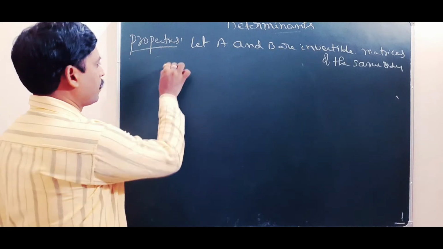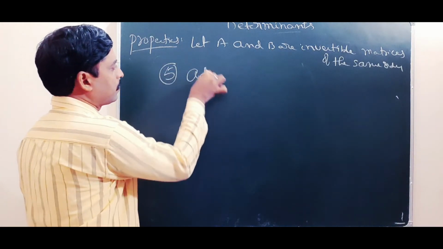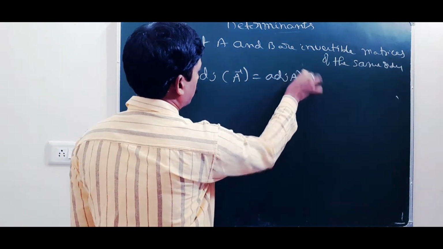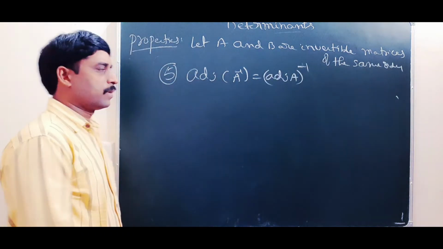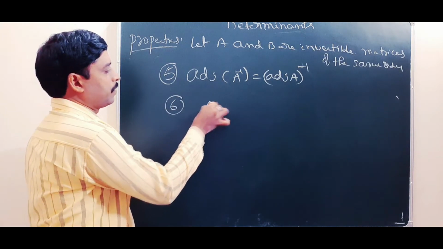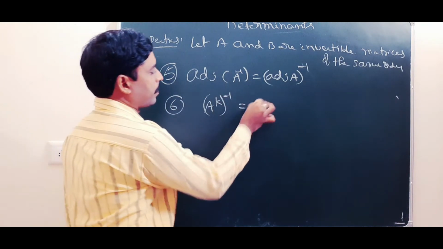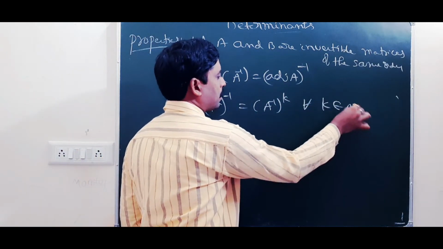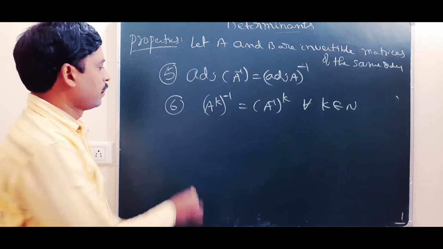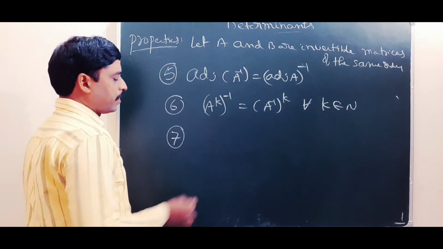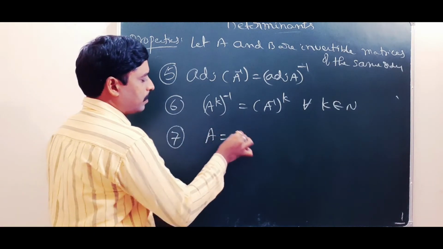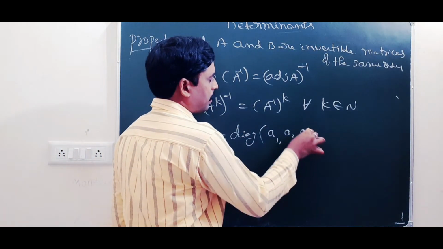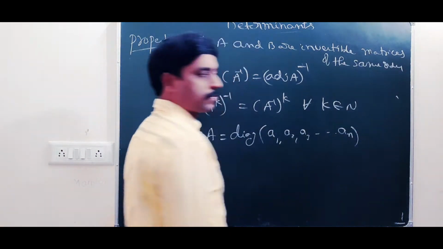Now explain the fifth property. Adjoint of A inverse is equal to adjoint A whole inverse. Next, A to the power K whole inverse is equal to A inverse power K, for all K belonging to the natural numbers. Next, the seventh point: A is equal to diagonal of A1, A2, A3 and so on up to AN.